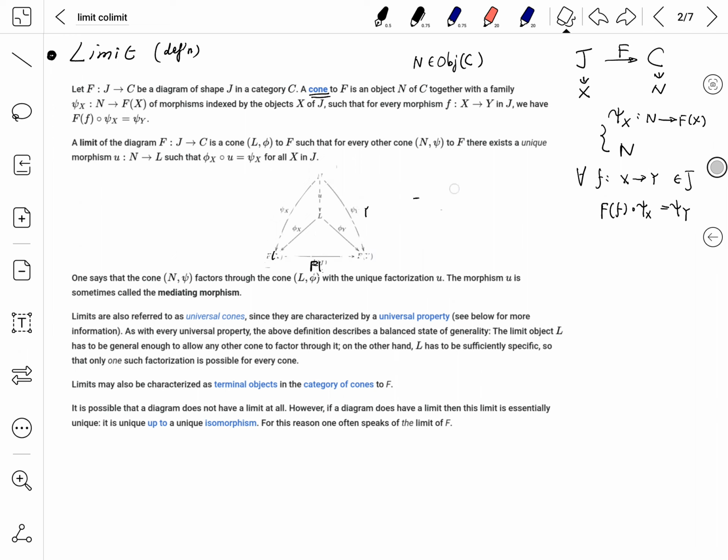And then let's say what the definition of a limit is. A limit of the diagram is firstly a cone, such that for every other cone we satisfy the universal property, which is: any other cone factors through it. Always make sure of the correct direction.